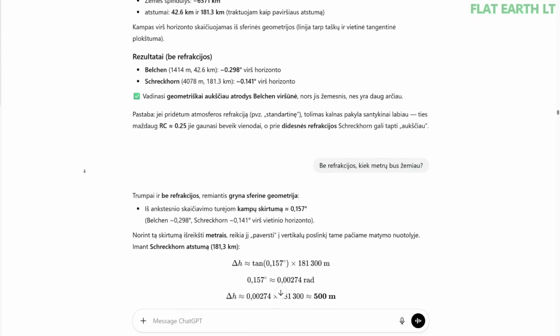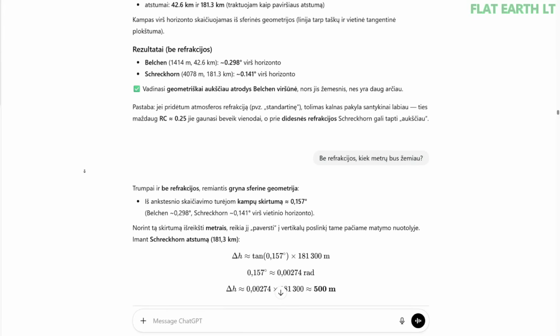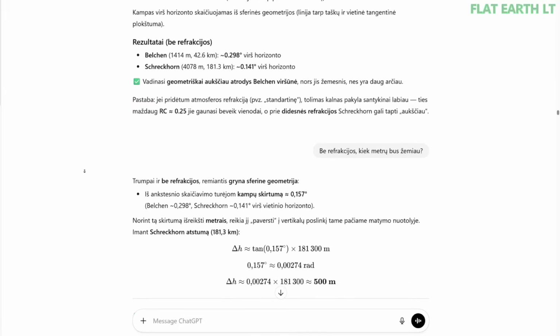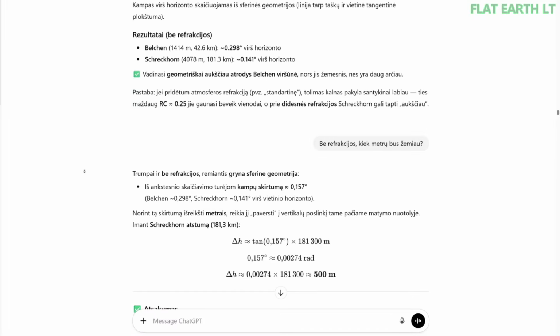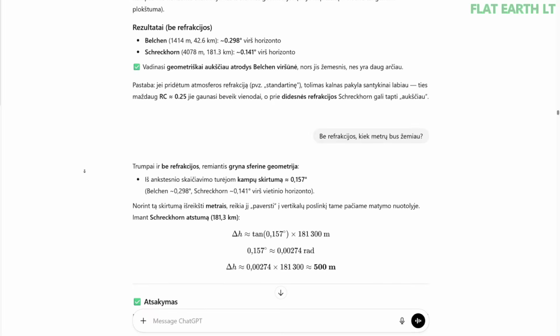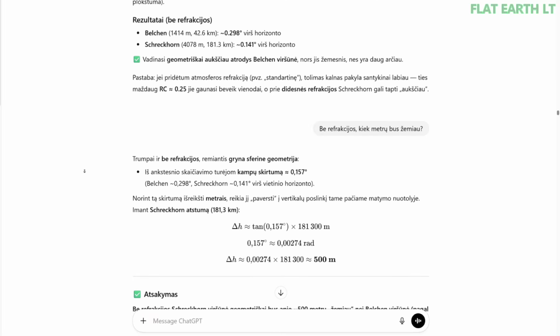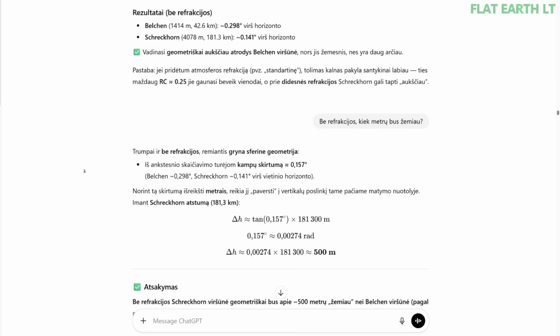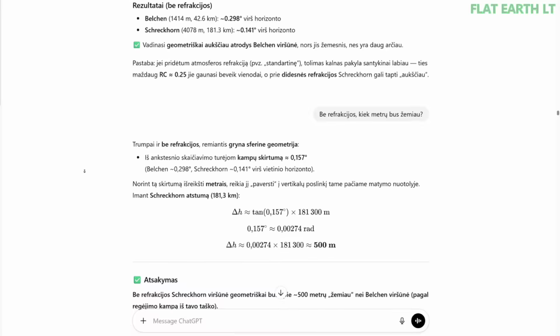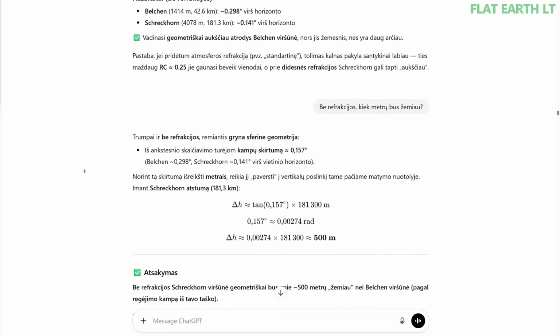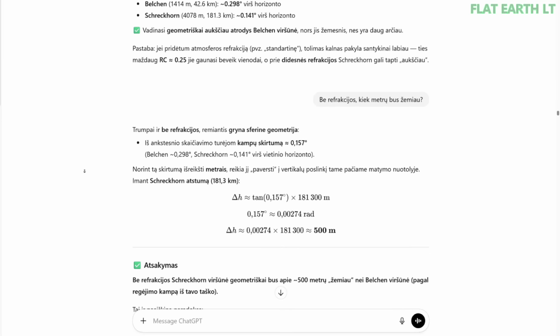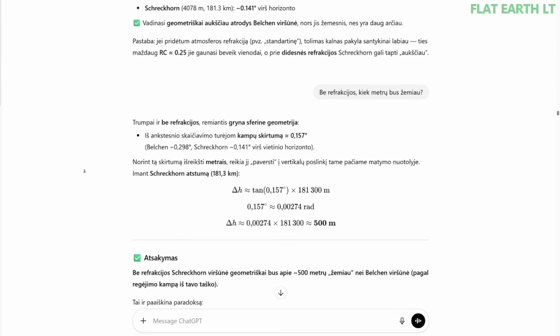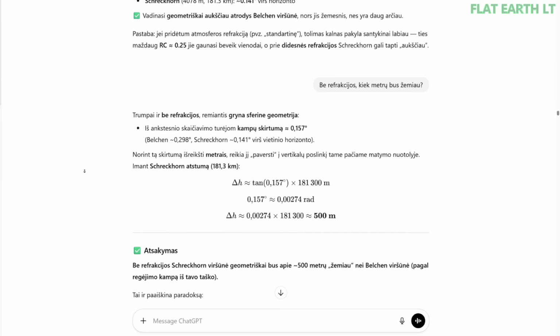Briefly, and without refraction, based on pure spherical geometry. From the previous calculation, we obtained an angular difference of approximately 0.157 degrees. Belchen approximately 0.298 degrees, Schreckhorn approximately 0.141 degrees above the local horizon.